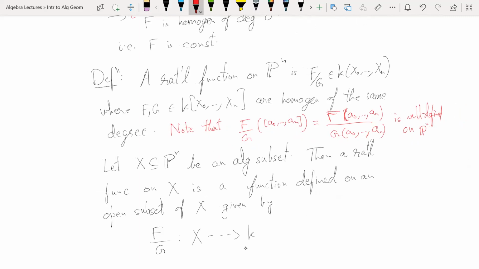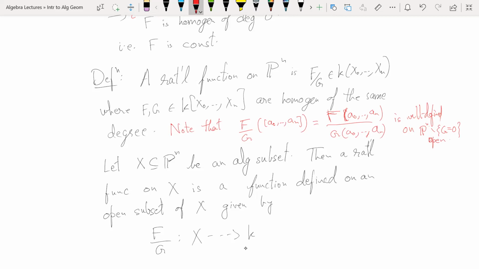Since g is a homogeneous polynomial, g equals 0 is some algebraic subset of Pn. So the complement is an open subset. So this does define a function from an open subset to the base field k. Both of these give you an element of k, and hence the ratio is an element of k.